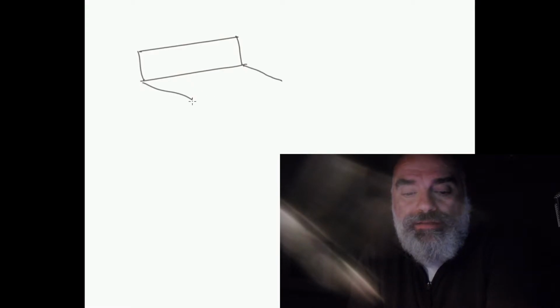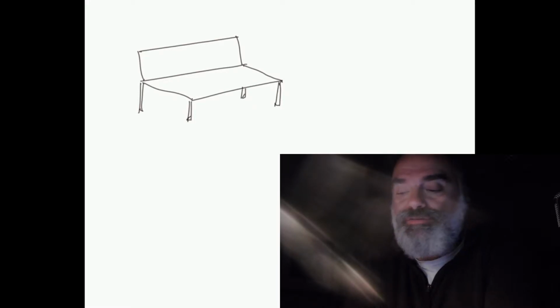Okay. In the last video we talked about how we were going to quickly look at how we go about designing a structure, and the structure that we started to look at was a park bench, and that bench consists of a back, a seat and some legs, breaking it down into the structural elements.